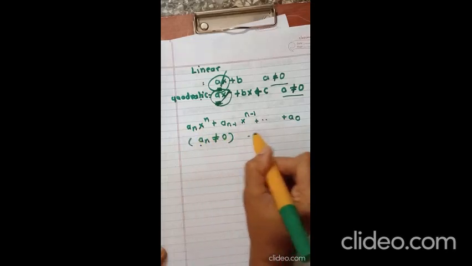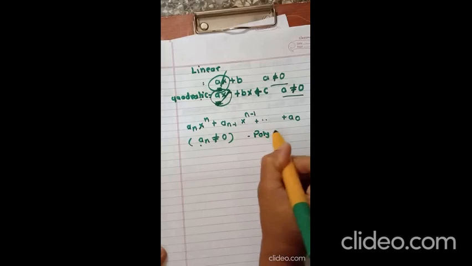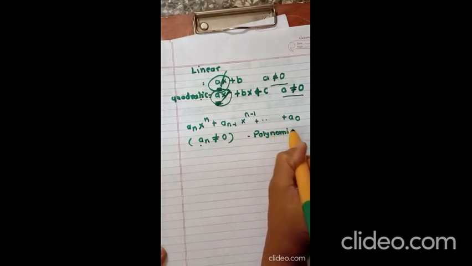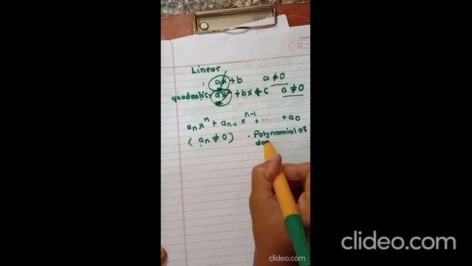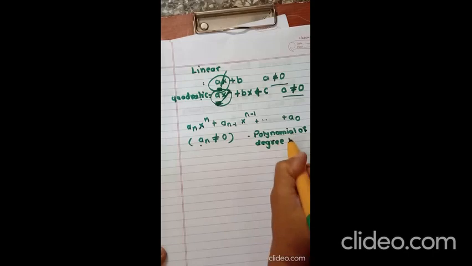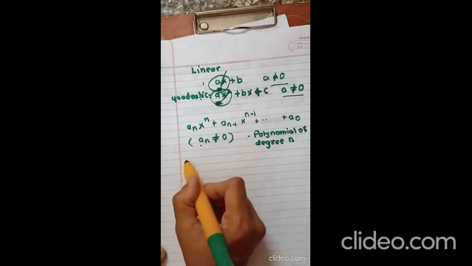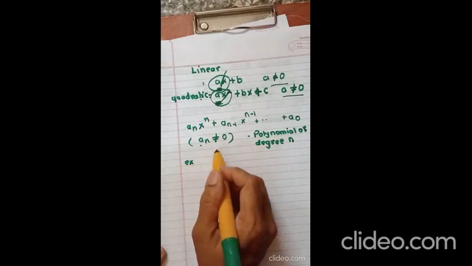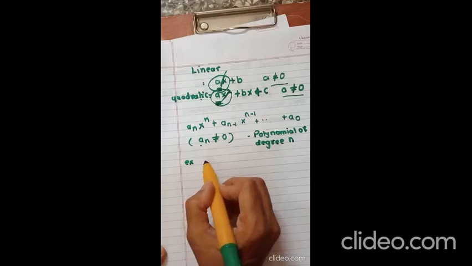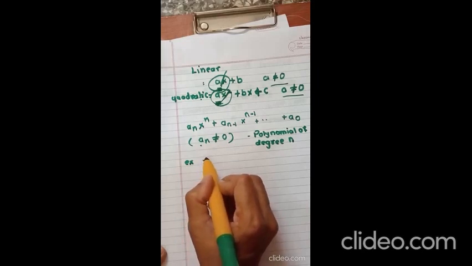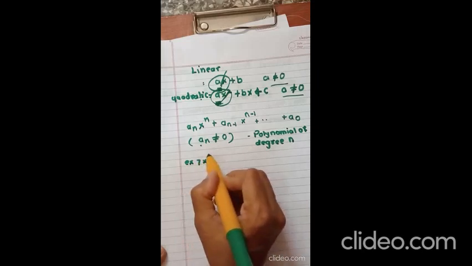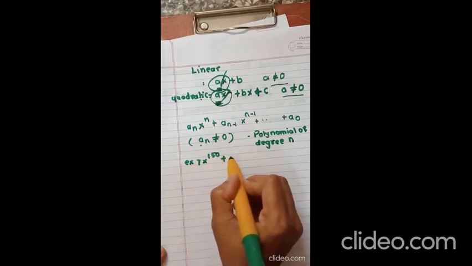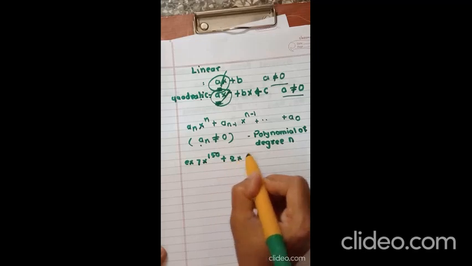So, a polynomial with degree n. For example, we can take the polynomial x raised to 150 plus 2x raised to 149 and plus so on.